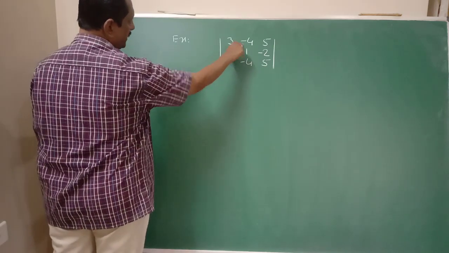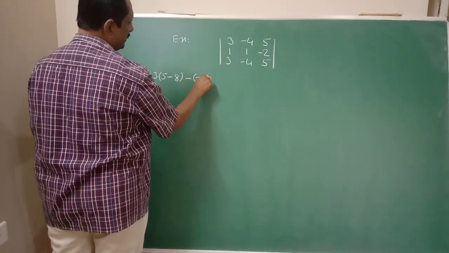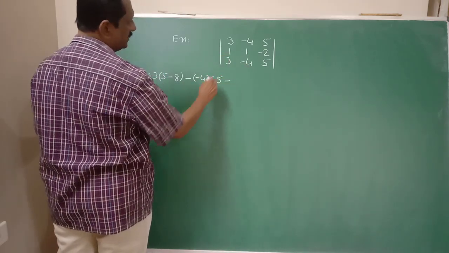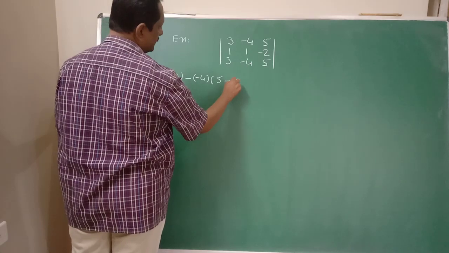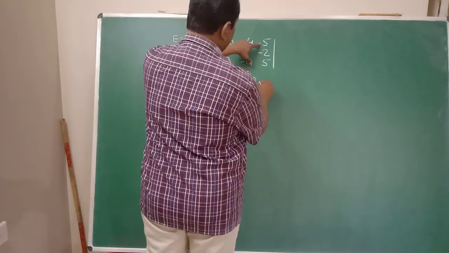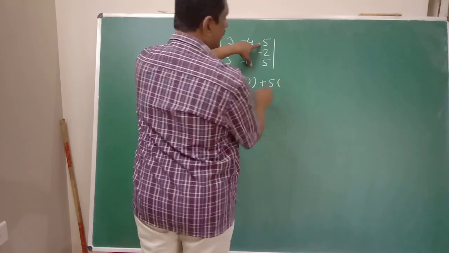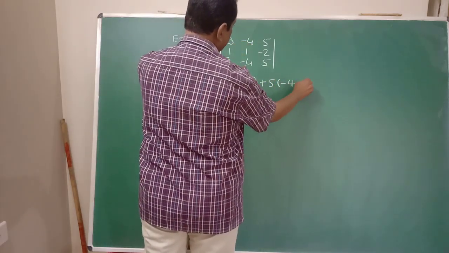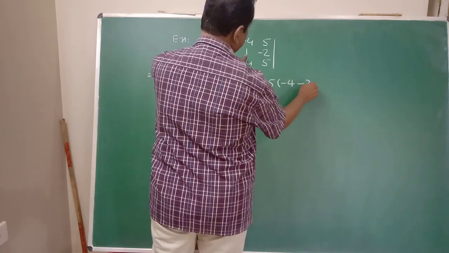Minus of minus 4 into 1 into 5 becomes 5, minus of 3 into minus 2 is a minus 6. This is a minus of 6. Then a plus 5 into bracket 1 into minus 4 is a minus 4 minus of 3 1s are 3.